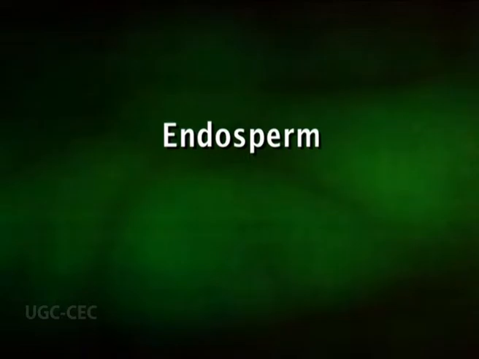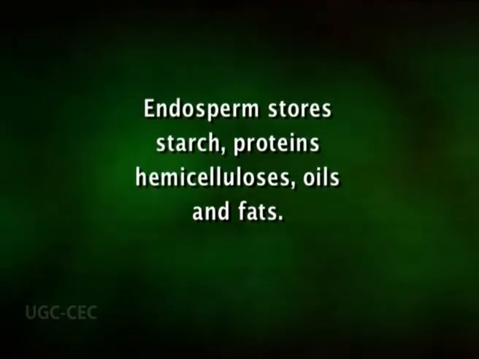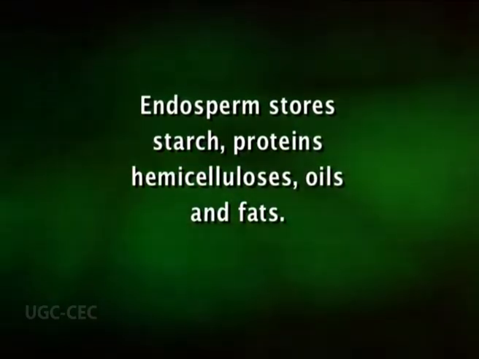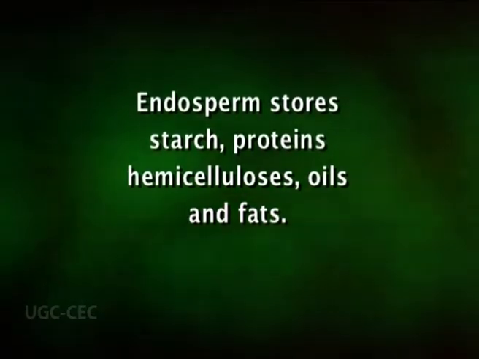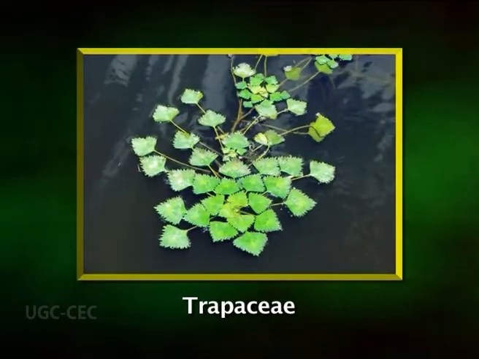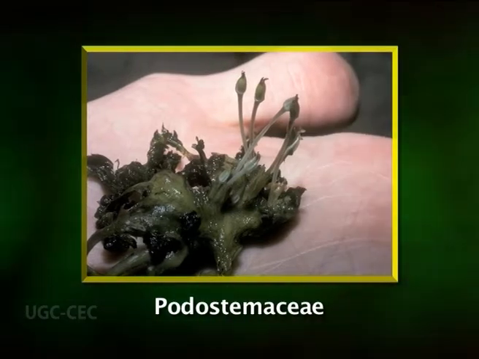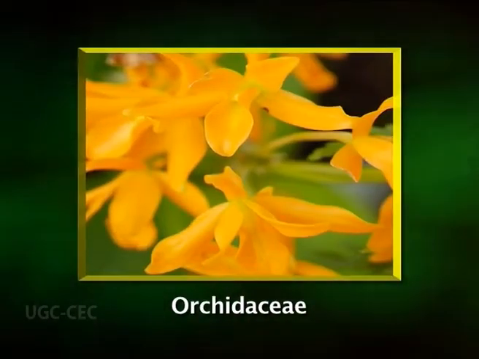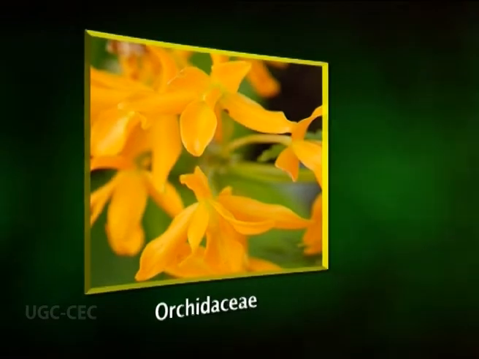Next structure in the seed is endosperm. Endosperm is a nutritive tissue. Endosperm stores starch, proteins, hemicelluloses, oils and fats. Some plant families like Trapaceae, Podostemaceae and Orchidaceae are remarkable in lacking this tissue.